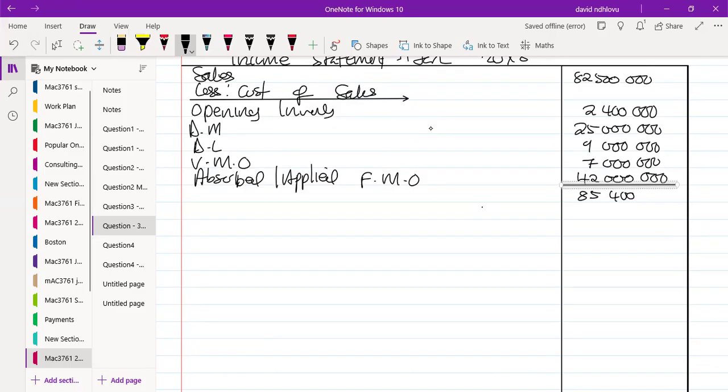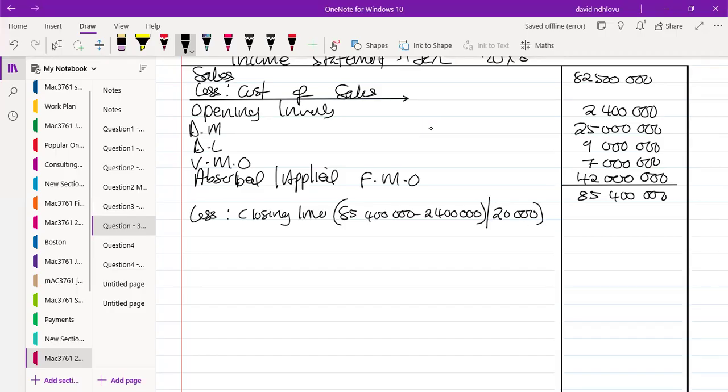400,000. Then we say less our closing inventory. We are using the FIFO. We know the style. We take the 85,400, but it includes opening inventory, so we remove the opening inventory there. Then we divide that by 20,000 units. Then we multiply that by the number of units in closing inventory.